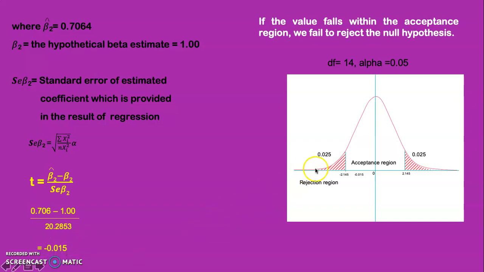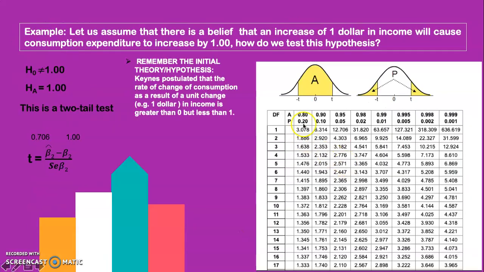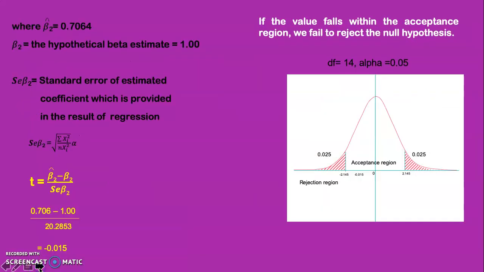The next thing to do is to draw the normal distribution curve, which is also a bell-shaped curve. Now, we need to find where the t critical value is, which we got from the t table previously by crossing the degree of freedom from our results with the alpha value on the t table, which is 0.05, to get 2.145.